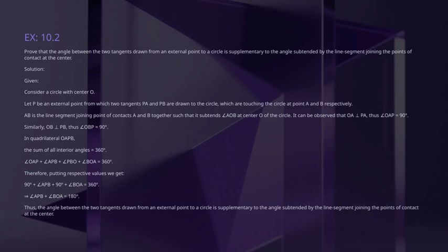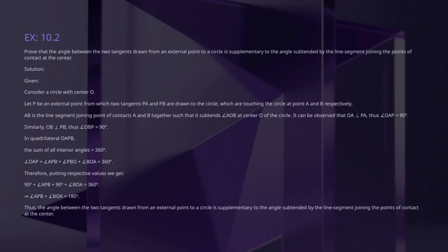So, adding 90 degrees to each of these angles, we get a total of 360 degrees. From this, we can deduce that the sum of the four angles, OP, AP, PBO, and BOA, must also be 360 degrees. This is a key idea because it ties together the angles at the points of contact and the center, showing how they complement each other within the circle.